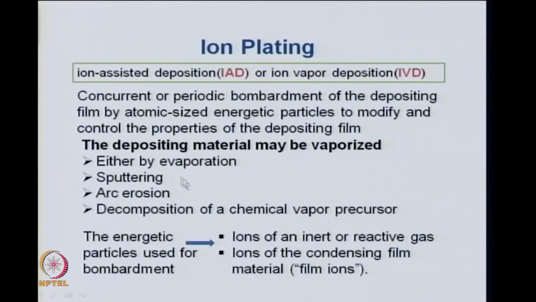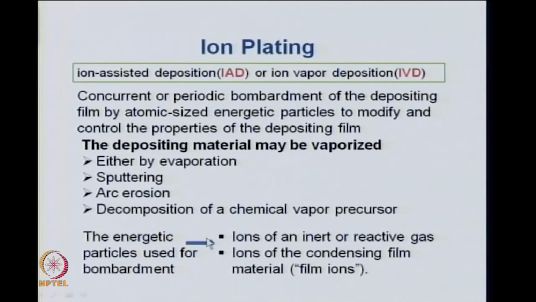So, one of these is used along with either an atomic or ionic beam to assist the deposition. The energetic particles which are normally used for bombardment are ions of an inert or reactive gas or ions of the condensing film material itself.